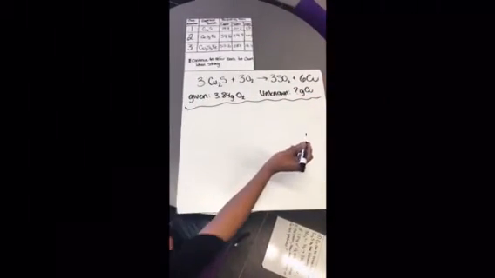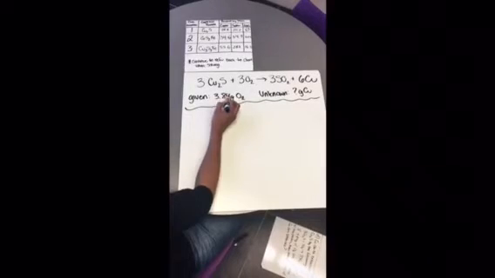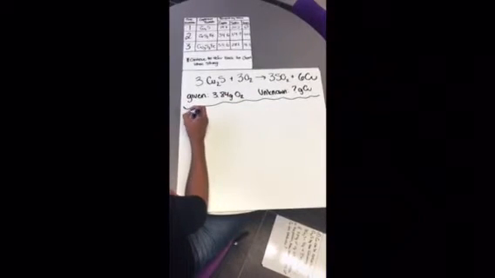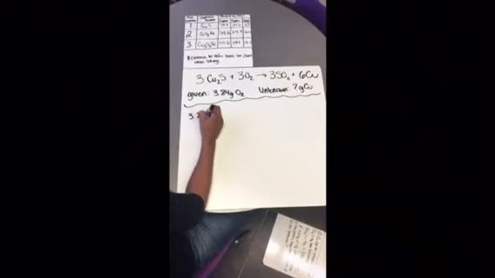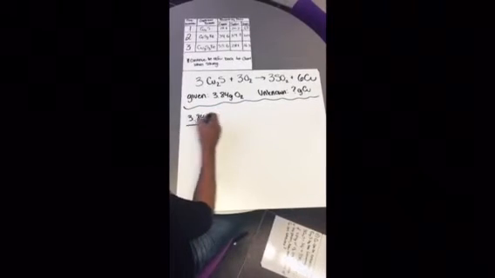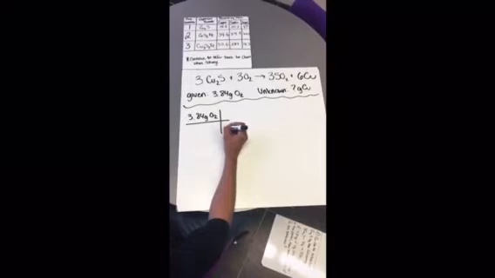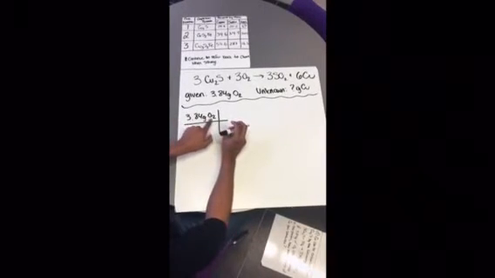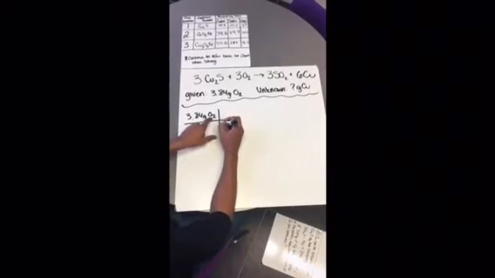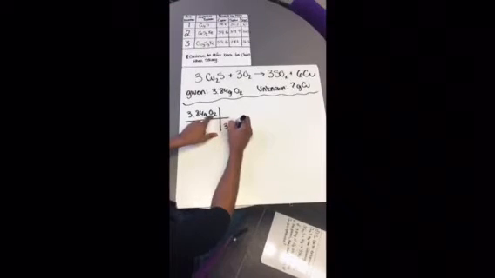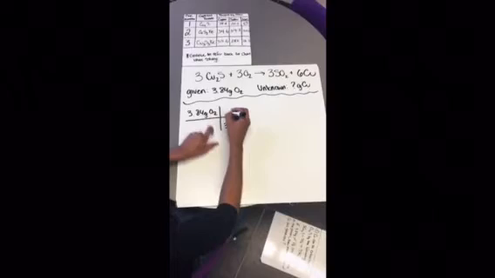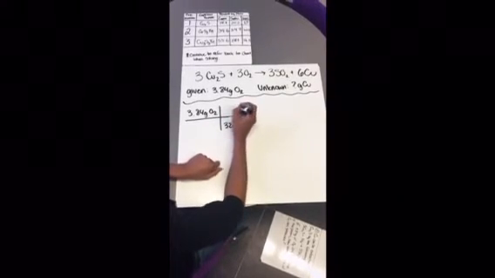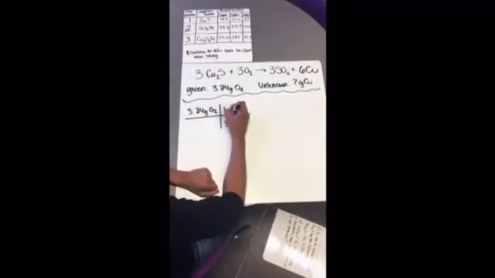So we're just going to set up our equation. We're going to start with the 3.84 grams of oxygen. Then 2 times 16 is 32, so 32 grams of O2 equals 1 mole of O2.